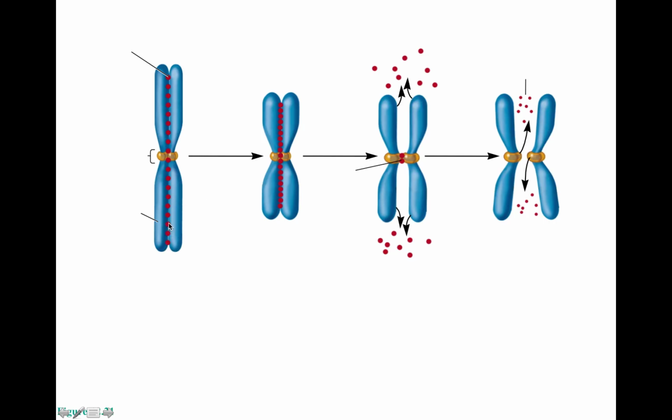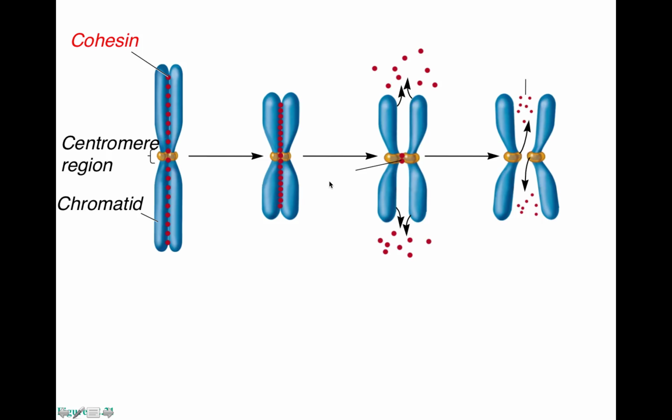Cohesin is this little red dot of a protein here that's holding two sister chromatids together. Here's a centromere region. Here's a chromatid. Here's its other sister chromatid. This whole thing is called a chromosome.